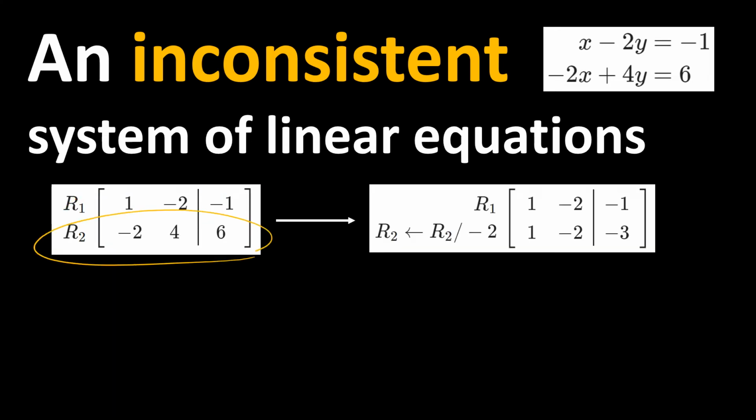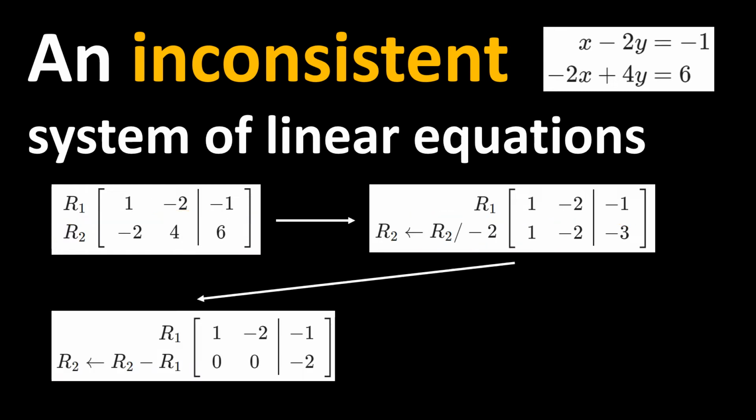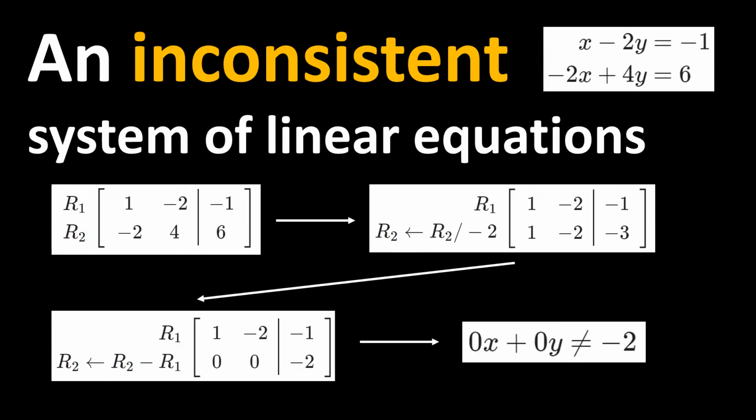We need to scale the second row and reassign it to the second row again to get this line. Then we subtract row 1 from row 2. Having zeros at the last row of coefficients and having a non-zero constant in the constant vector means that 0 times x plus 0 times y cannot be -2. This makes our system inconsistent.